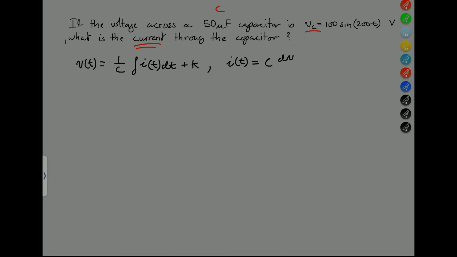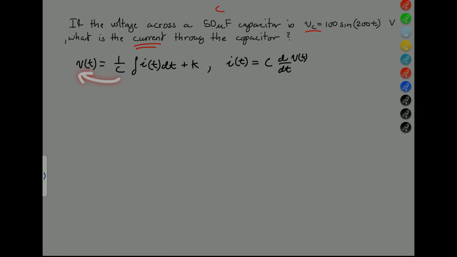So that would be, and if you want to write V of t, you can do that. You can just do dt. In our case, we move C over to the left-hand side.